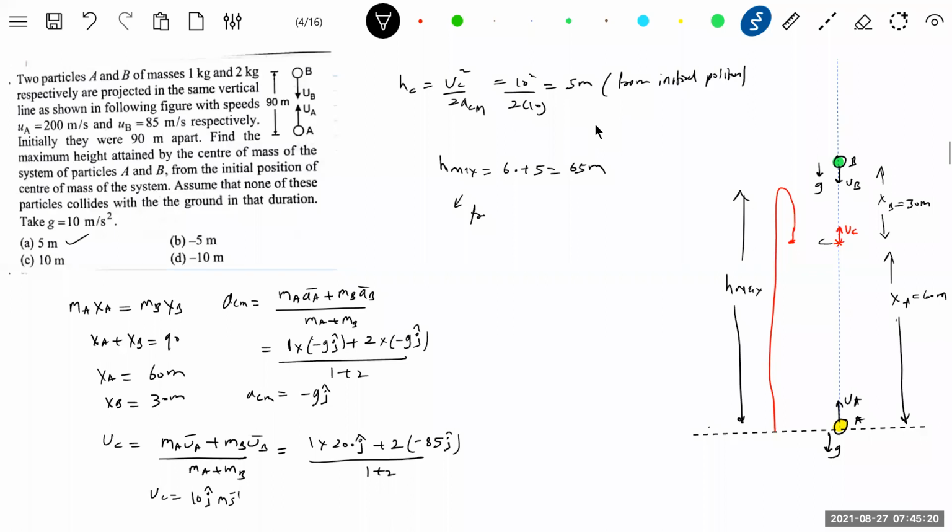From the ground, I'll write it as H max dash. Okay, this is the question that is asked.